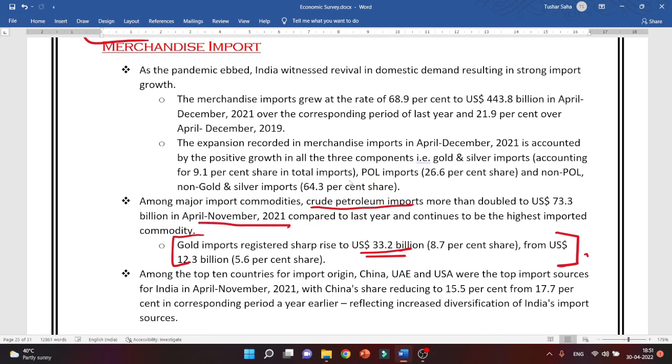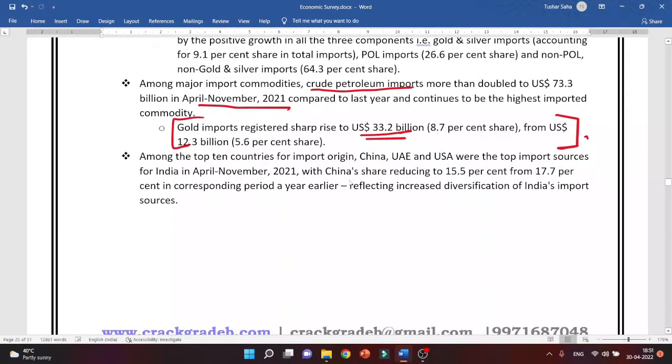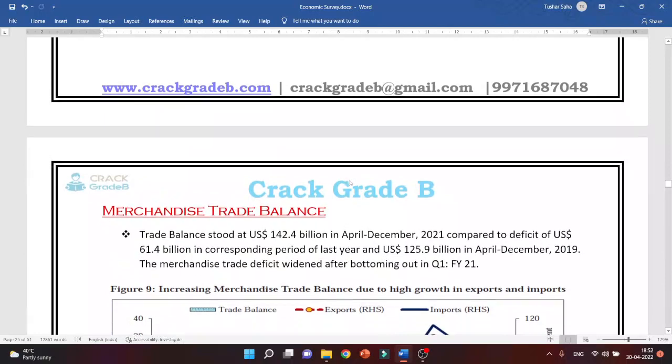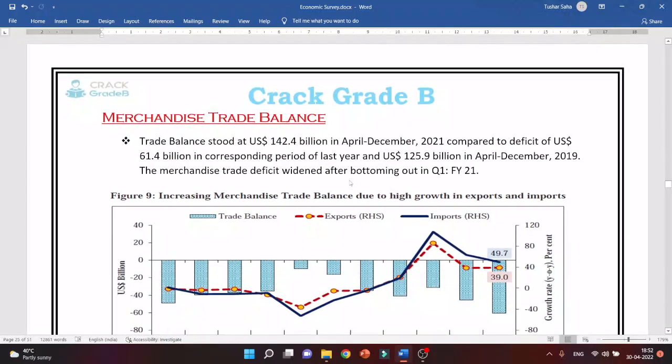Now these are the top countries of import origin. It was China, UAE, USA that were the top import sources for India. China's share reduced to 15.7% from 17% in the corresponding period a year earlier. So even if we criticize Chinese products, we do import a lot of things from China because China is the number 1 source of India's imports.